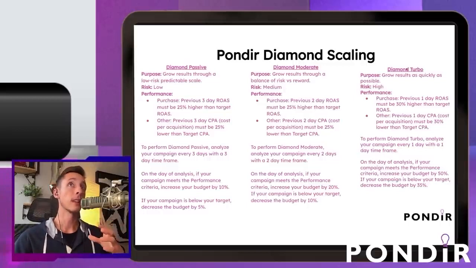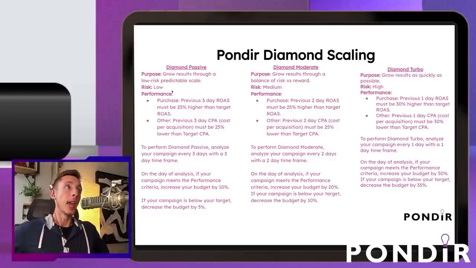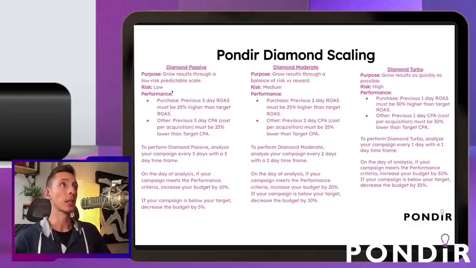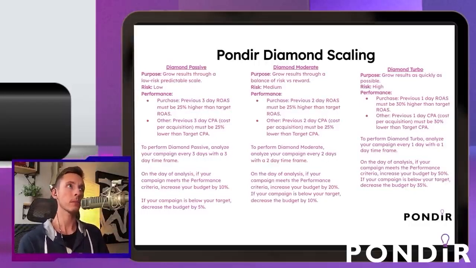Each of these has a different risk tolerance allowed, essentially. If you have a low risk tolerance, this is going to be for you. The Diamond Passive is also a very good option for your first scale, just to see how things move and how they work, and ensure you have your processes down and so forth.